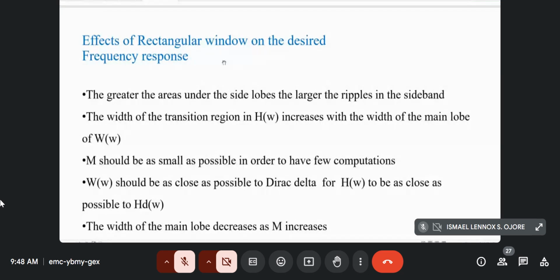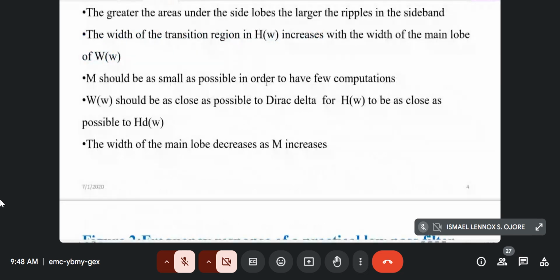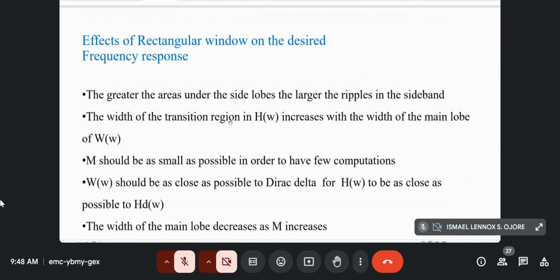So, when you use a rectangular window, of course, it also affects the frequency response. You have multiplied the HD, but now the HW, the product of the two, is going to affect the output. The greater the area of the side lobes, the larger the ripples in the sideband. The width of the transition increases with the width of the main lobe.